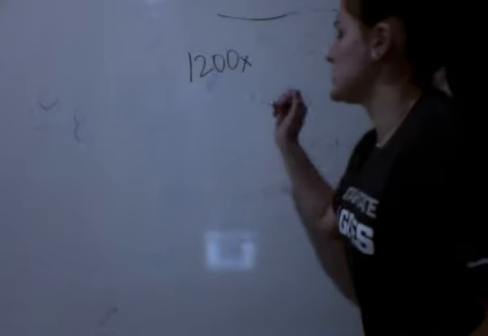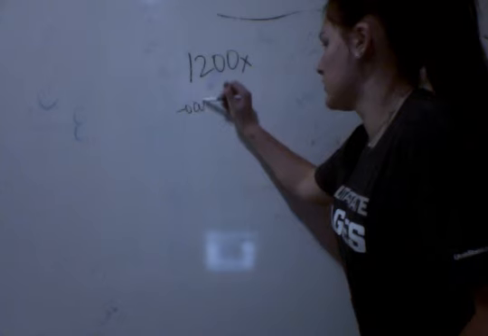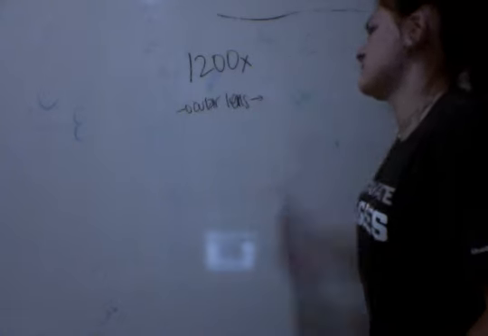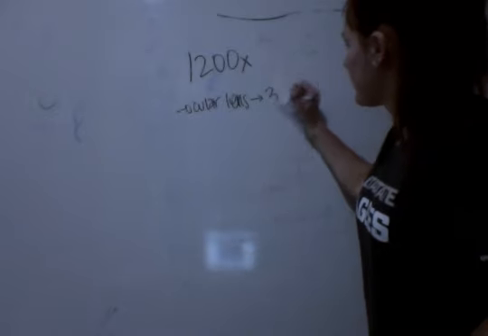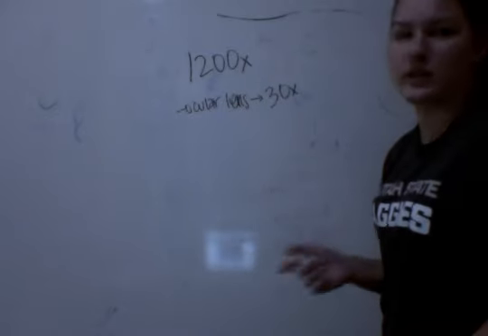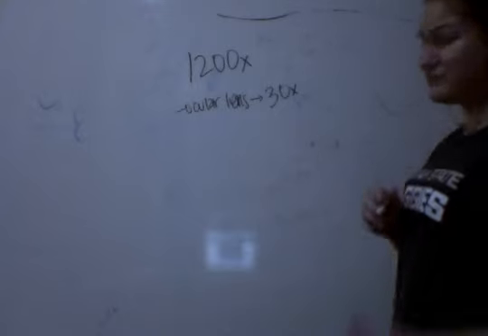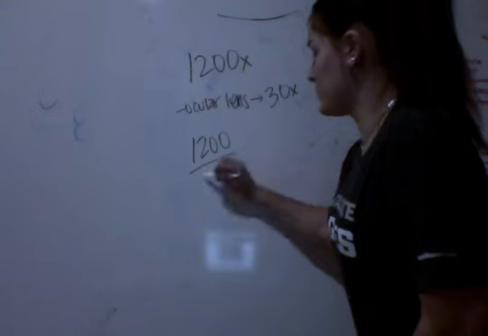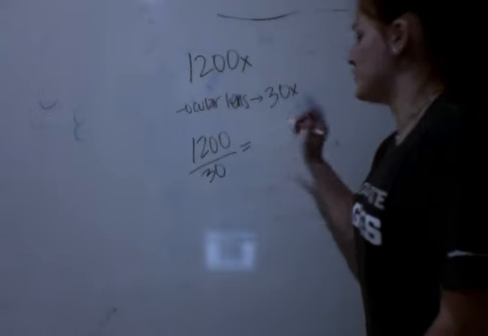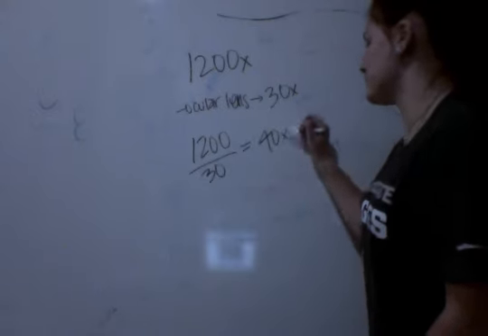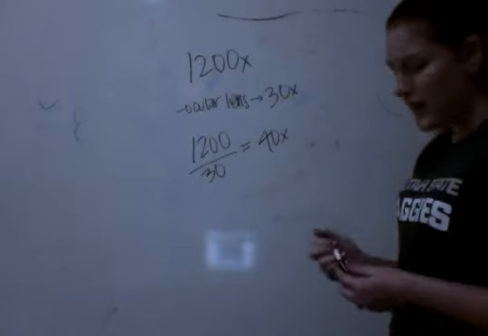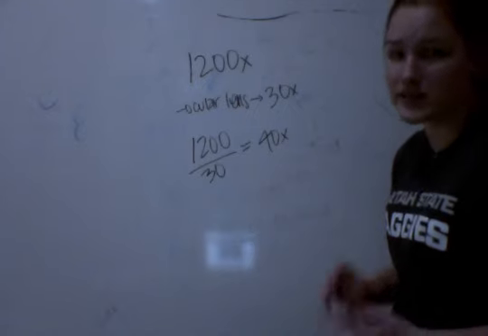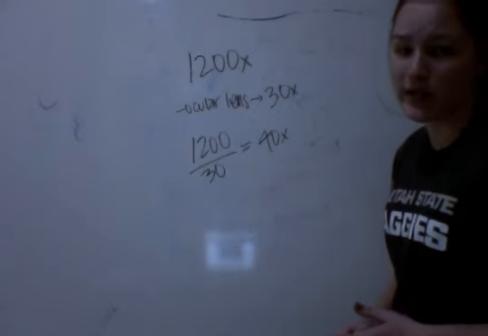So, let's say she says that your ocular lens is 30 times, and then she asks you for your objective lens. Super simple here. Take 1200 divided by 30. That means your objective lens would be 40 times. Does that make sense? It's super basic math. It's just understanding that your ocular lens and your objective lens are multiplied to give you your total magnification.